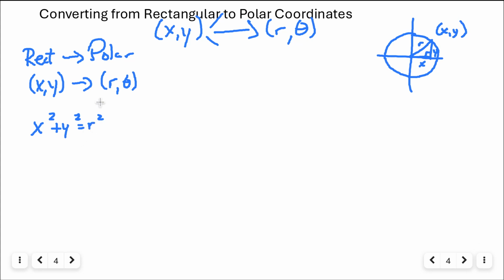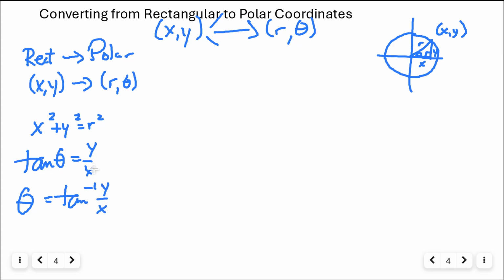Okay? And now, how do I find theta, though? Well, here's the angle theta there. So theta, in terms of x and y, is y divided by x. y over x would be tangent. So tan theta, oops, let's write it over here underneath. So tangent of theta would be y divided by x, which means theta is equal to the inverse tan, or arctangent, of y over x.